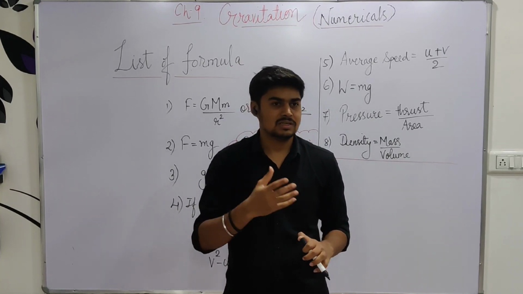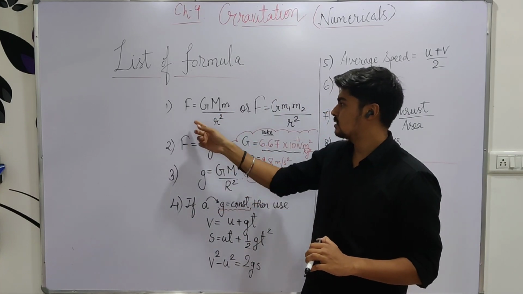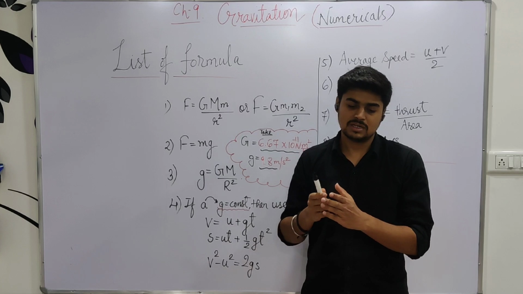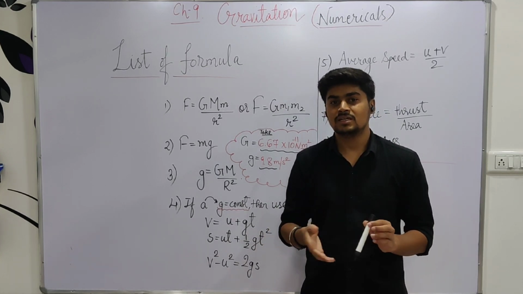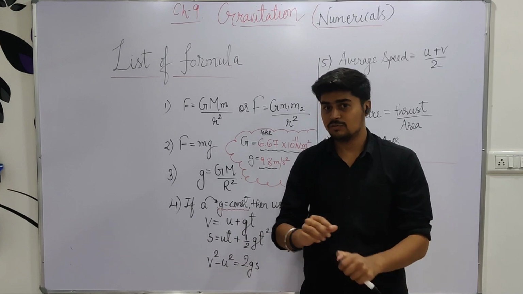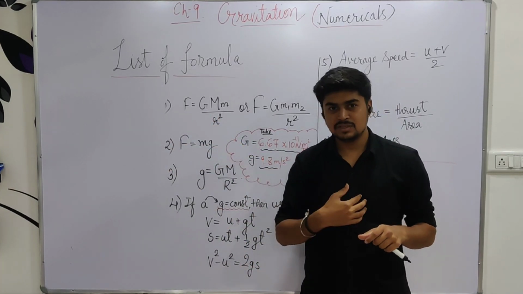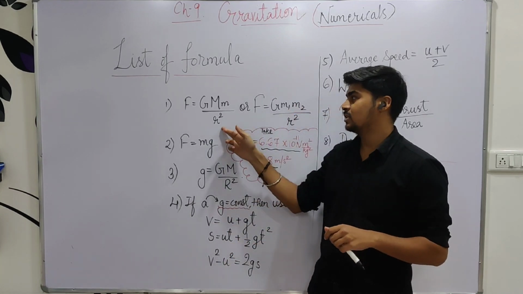As you know, gravitational force depends on the product of the masses and is inversely proportional to the square of distance between them. Here, if you are standing on the surface of earth, or whatever the object that is on the surface of earth, then what will happen? That particular distance between the object and the center of the earth will become the radius of the earth.